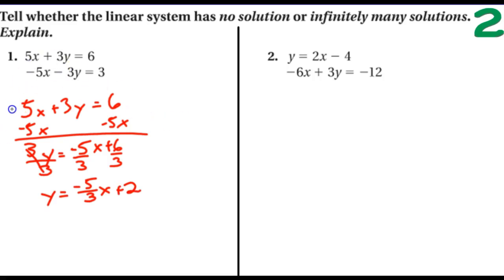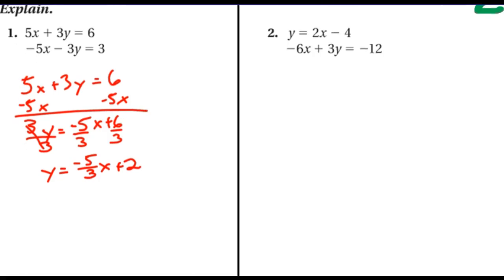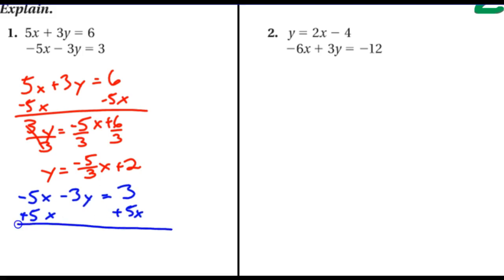So this was equation 1. Equation 2, negative 5x minus 3y equals 3. Add the 5x this time. So we get negative 3y equals 5x plus 3.